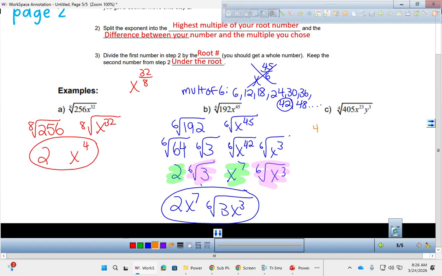Now I'm looking at 4th root of 405, 4th root of x to the 23, 4th root of y to the 3rd. Let's start with the 405.